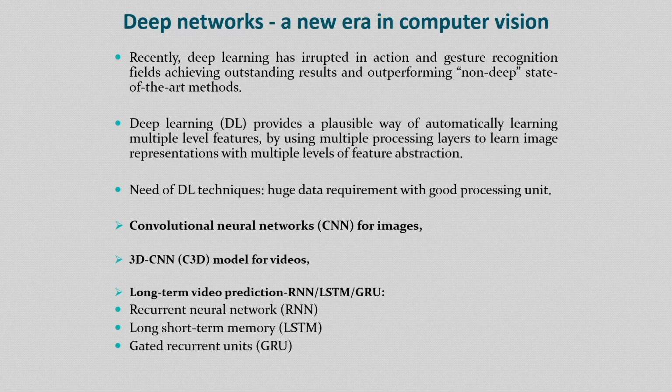And finally, most recently, deep networks are used in gesture recognition. We can use convolutional neural networks, or recurrent neural networks, such as long short-term memory, a concept in recurrent neural networks. These types of networks are recently used for gesture recognition.